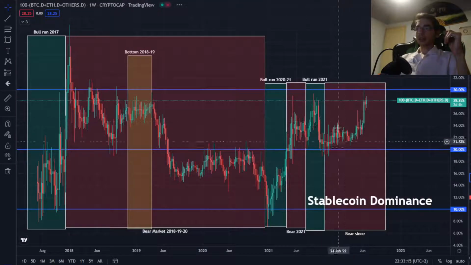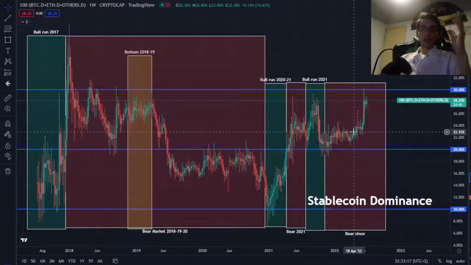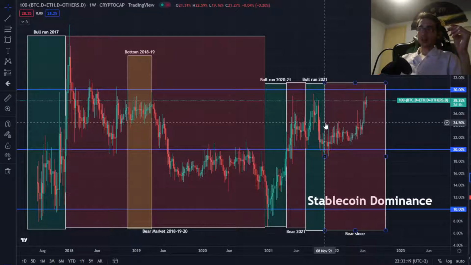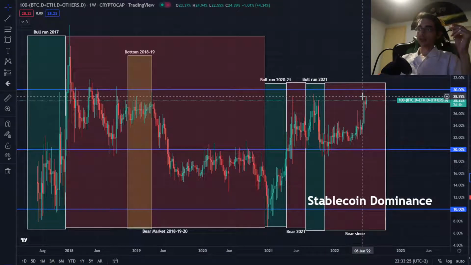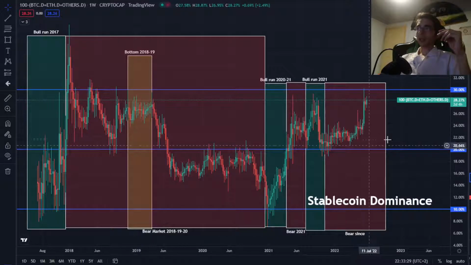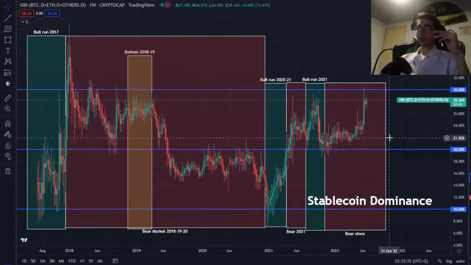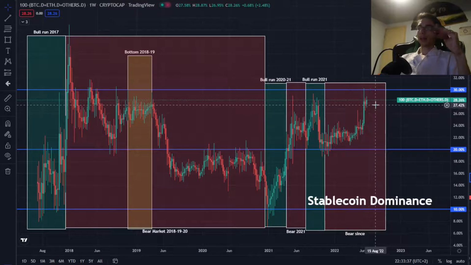And in this last bear, since the November all-time high, we had this going sideways until now, when we had the last drawdown to 20K, and where we've seen the Bitcoin dominance rising as a response to this huge drawdown.